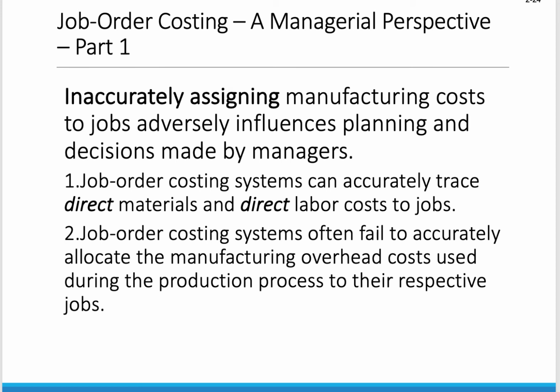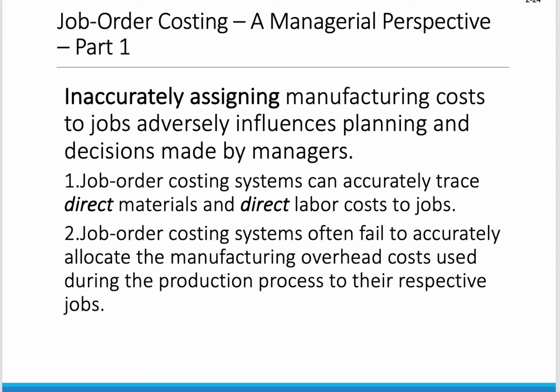The reason why is that we as managers might not allocate manufacturing overhead costs correctly. We don't have a crystal ball. We don't know the exact costs that we're going to incur. We have an idea, but something might happen through the process where we incur more costs than we anticipated. Maybe a machine breaks down.